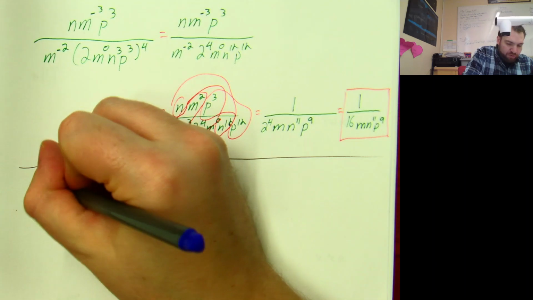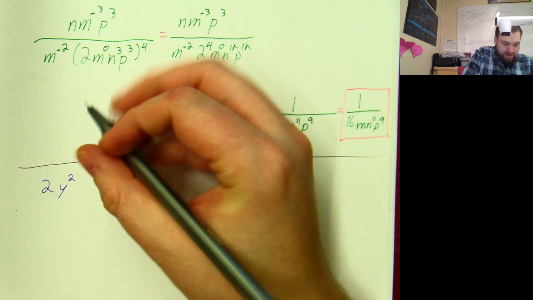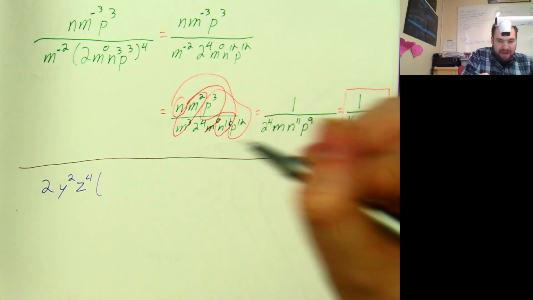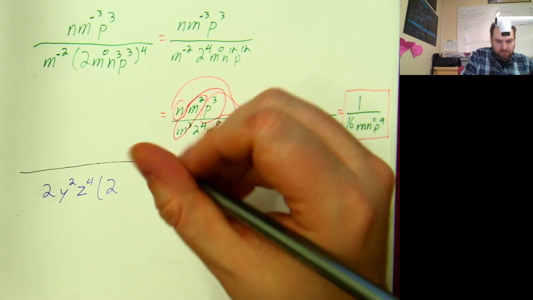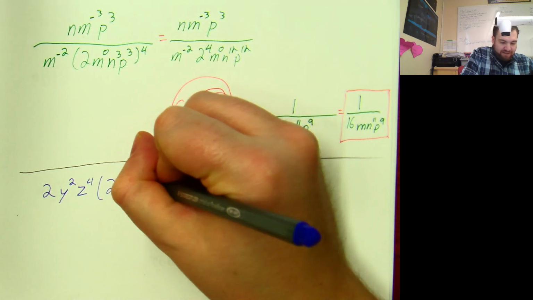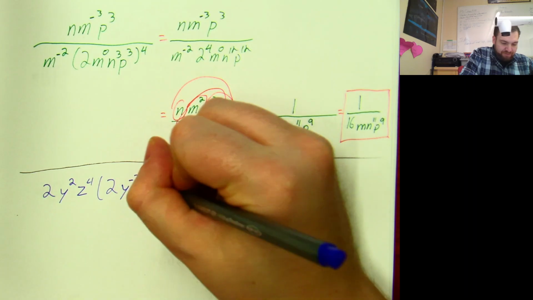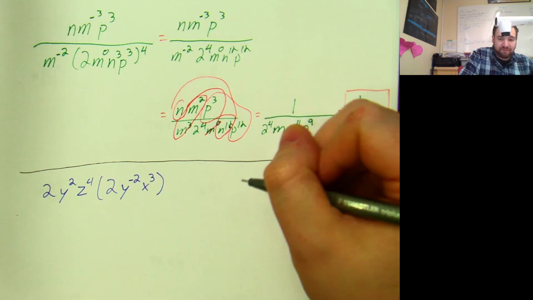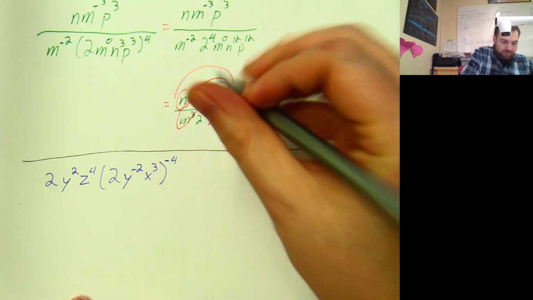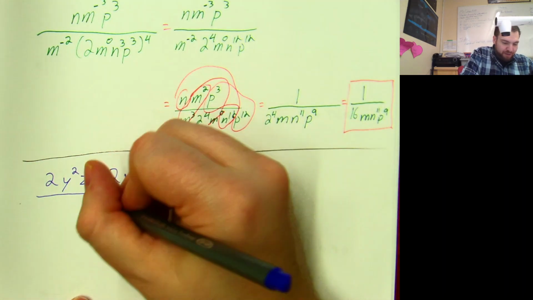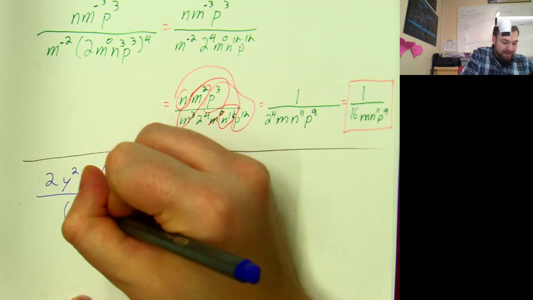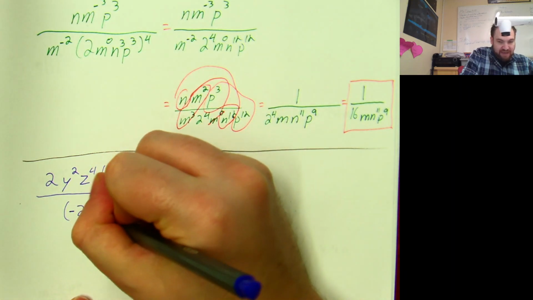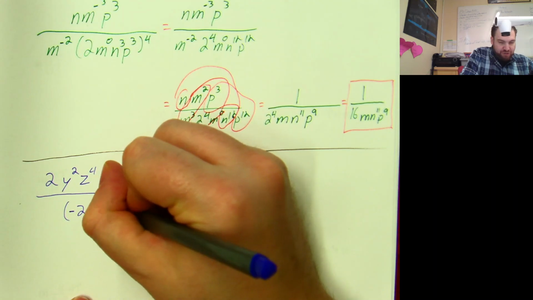We're going to go 2 y squared z to the 4, bracket, 2 y to the negative 2 x cubed, bracket to the negative 4, over bracket negative 2 z x squared.